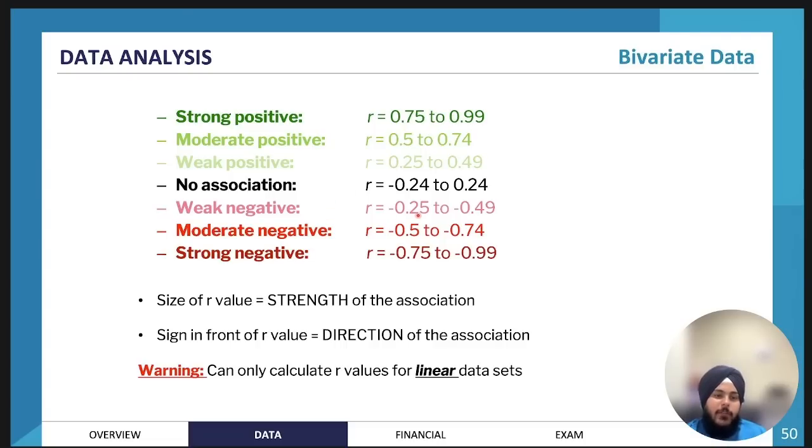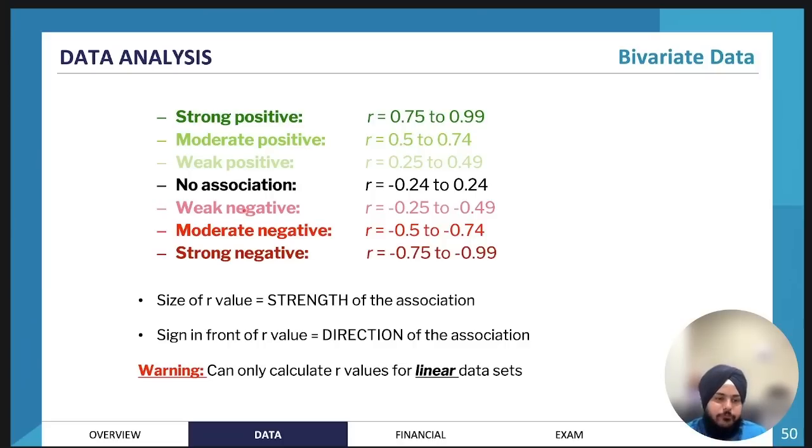Similarly, if it's between -0.25 and -0.49, we would consider that a weak negative relationship. If it's between -0.5 and -0.74, that would be a moderate negative relationship. And if it's between -0.75 and -0.99, that would be a strong negative relationship.